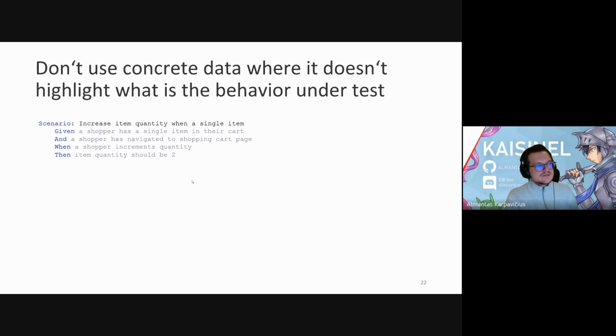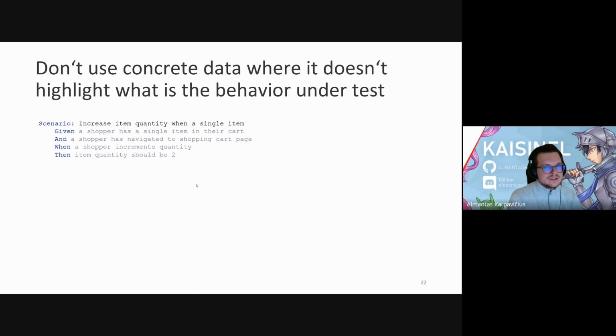As a tester, would you be going to a shopping cart page every time you're testing a different scenario? For example, would you re-navigate to the shopping cart page if you're testing increment or decrement of a quantity?